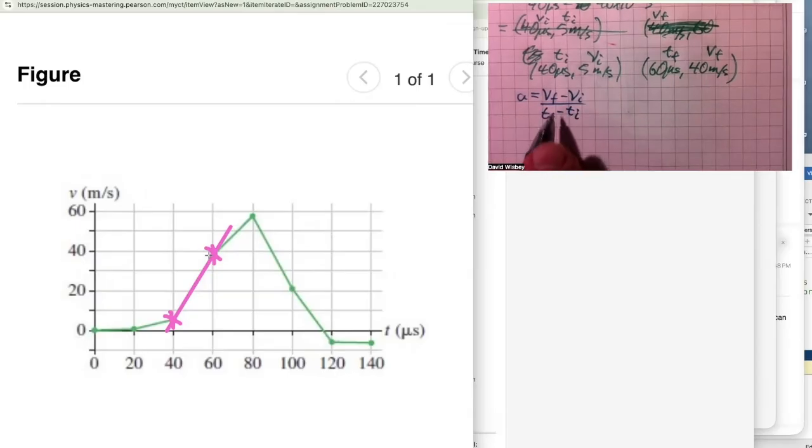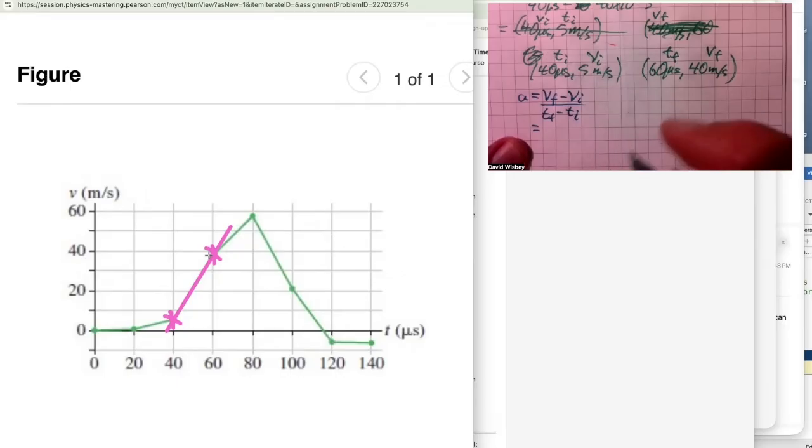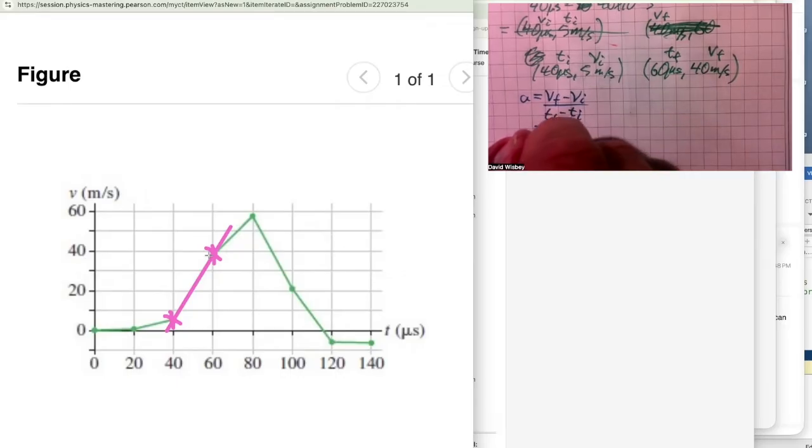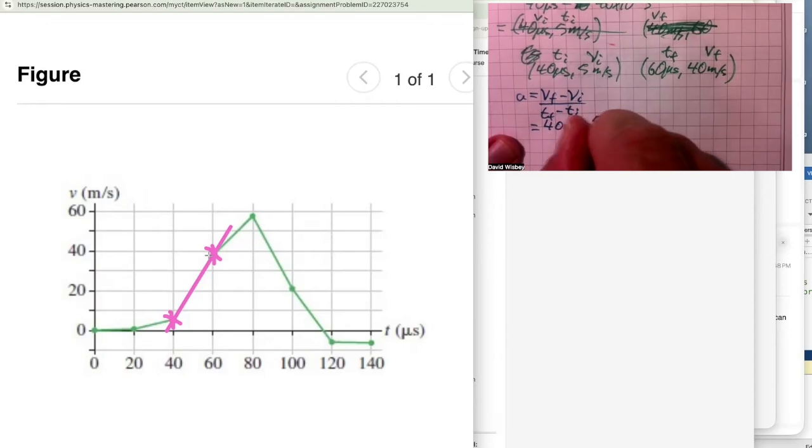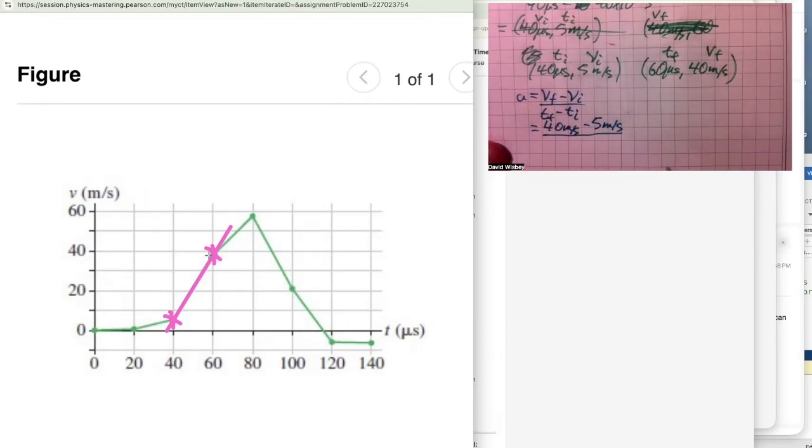I've got the final time and velocity first. So now I'm going to plug in my numbers. What do we have? Our final velocity is 40 meters per second minus 5 meters per second. That's the numerator there.